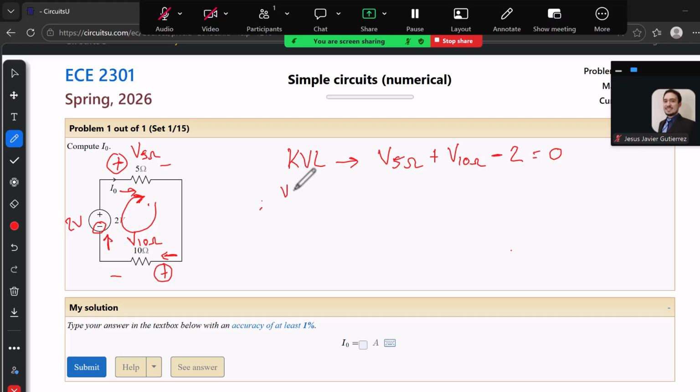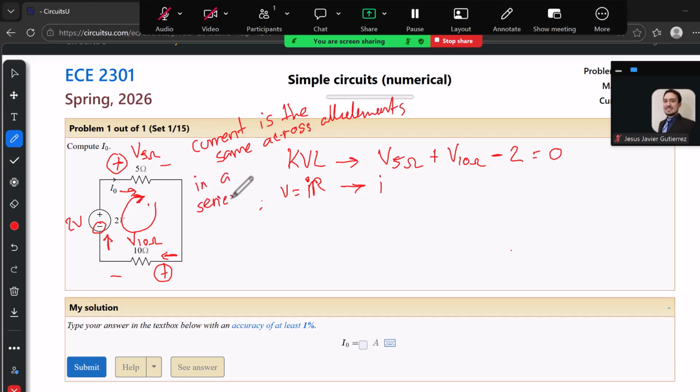So we will use Ohm's law, in which V equals IR. In this case, the current is going to be the same. This is another thing: current is the same across all elements in a series circuit.